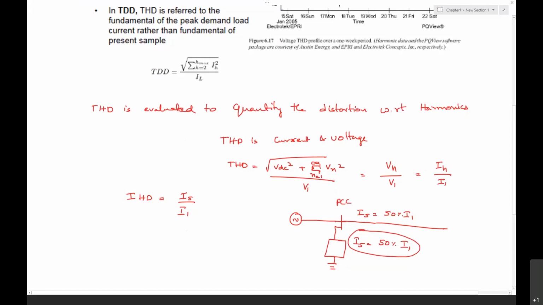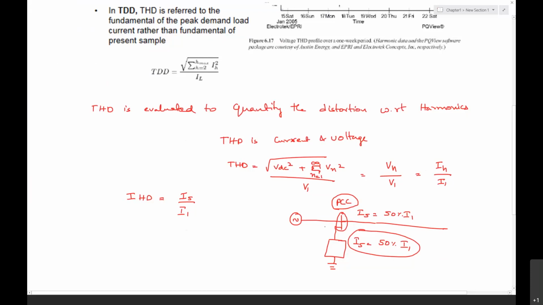The point of common coupling is the point where the utility or distribution system is connected to the loads. From the consumer point of view, they consider this the point of common coupling.